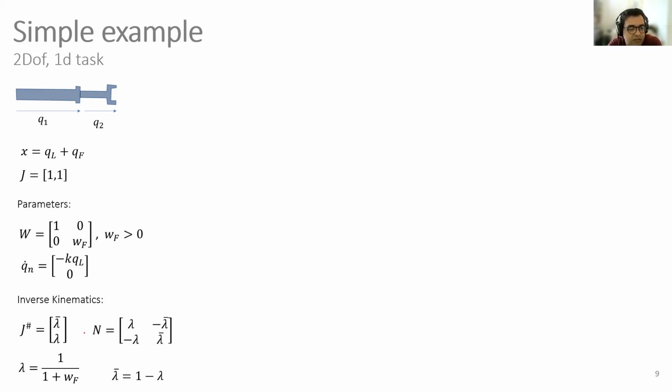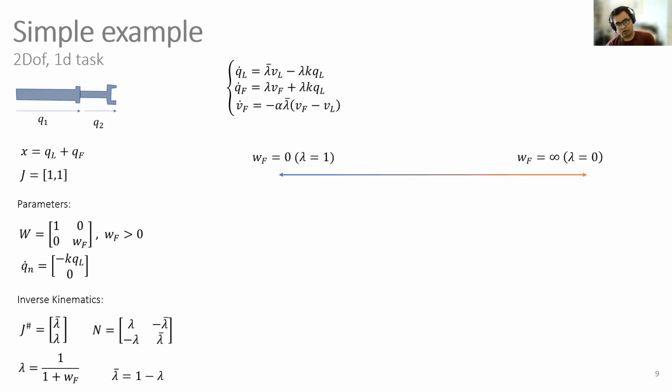And the inverse kinematics of this system would be very simple. If you define lambda as 1 over 1 plus WF, and lambda bar as 1 minus lambda, the pseudo inverse and knowledge space projectors are very simple. And if we replace those into the equation that I showed before, we arrive at the dynamics of this system that are like this. So here we can already study the effect of these parameters.